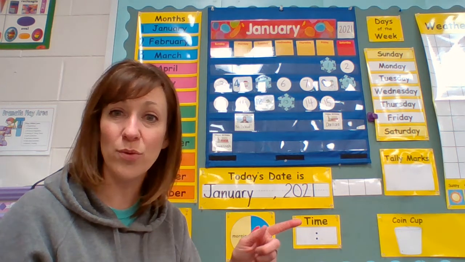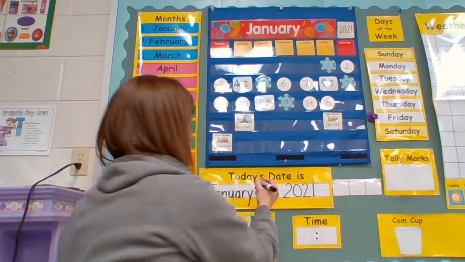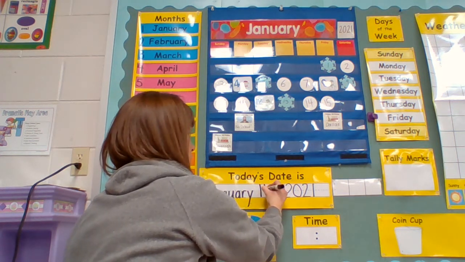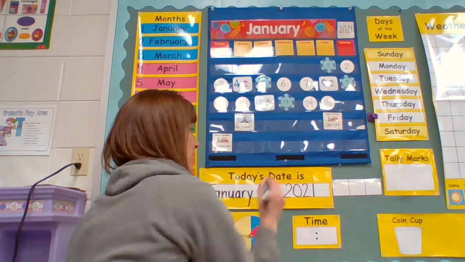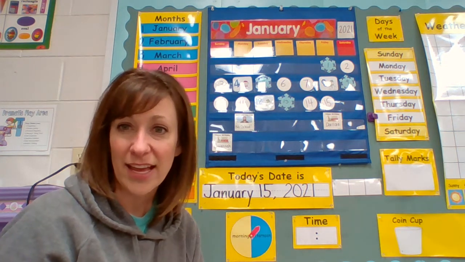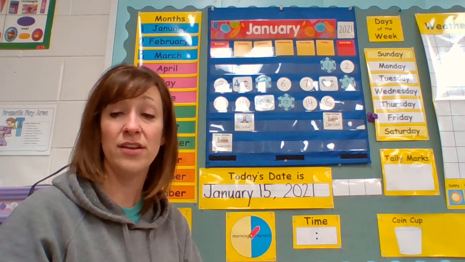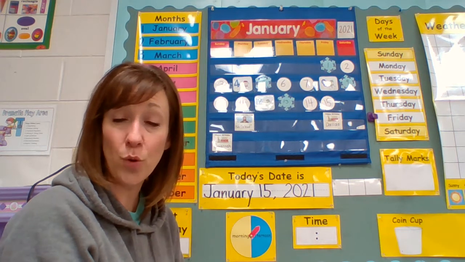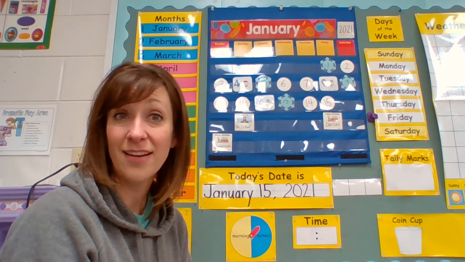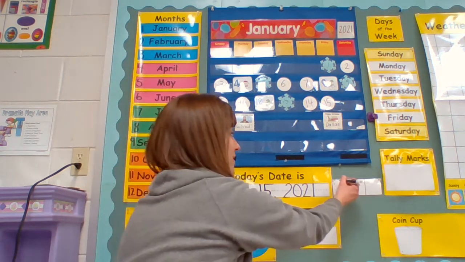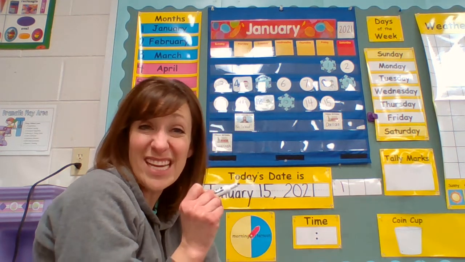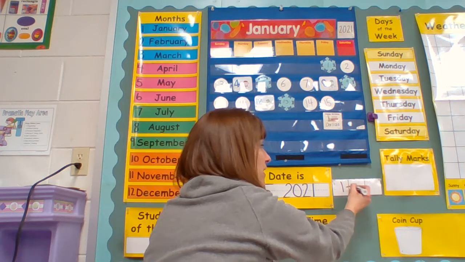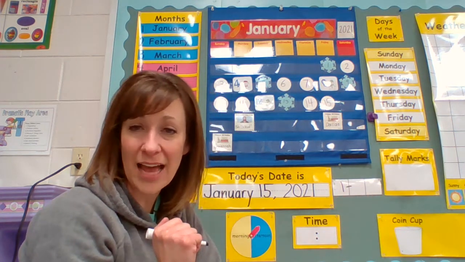Okay, now I'm going to put the number today, 15, on our line. Think about how we will write the shortened form of that. 1 and a 5. Okay, what number is the number we use to represent the word January? Yeah, 1. And then we're going to put a hyphen. Sometimes we say dash, the little horizontal line.